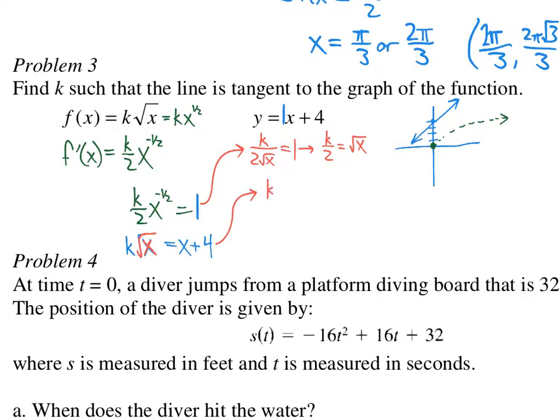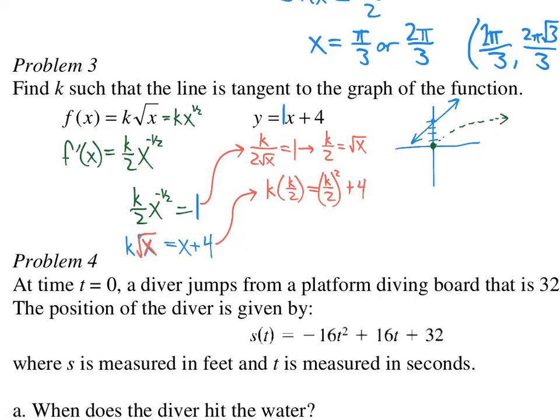And we can make it k times k over 2 equals k over 2 squared, because we only have the square root of x, and we need x plus 4.